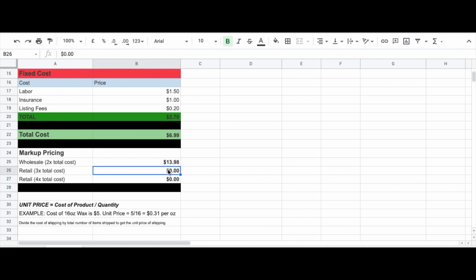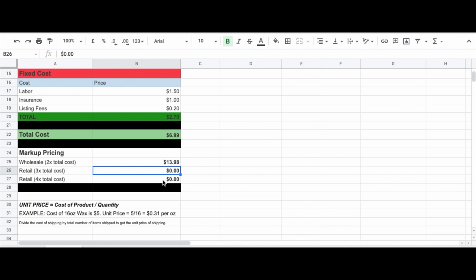My goodness. Anyway, your retail cost can either be times 3 your total cost or times 4 the total cost of your making creation price. Some people like to use 3 times that, some people use 4 times that, depending on your efforts, your location, a lot of things to consider before you go quadruple on people.